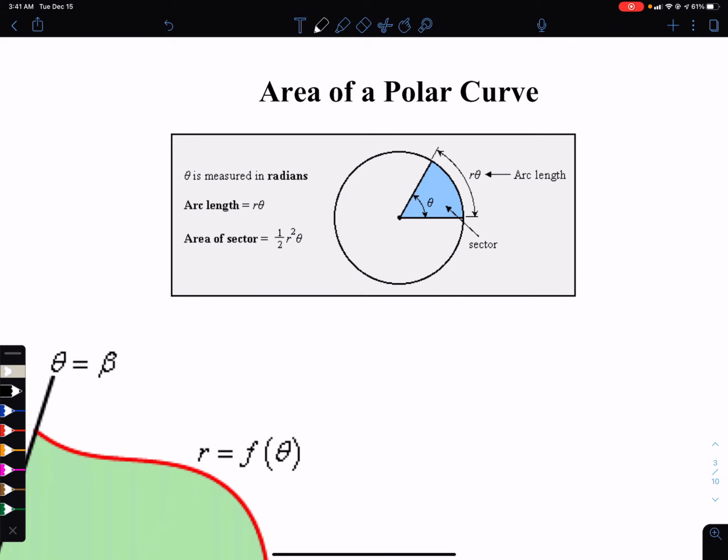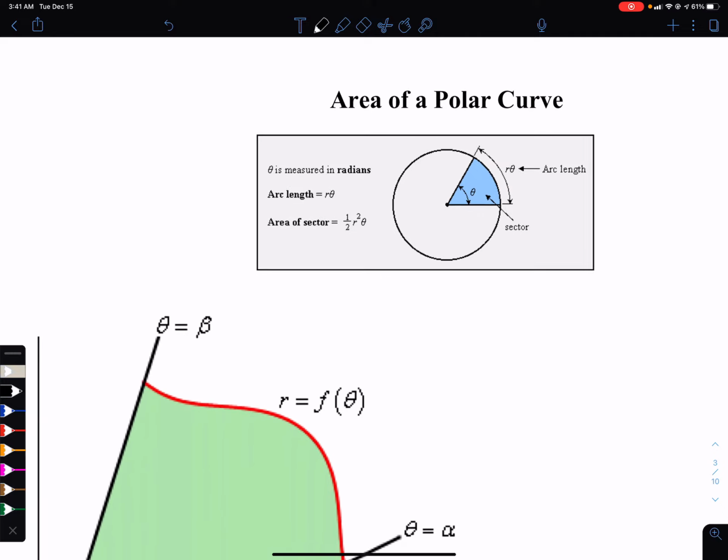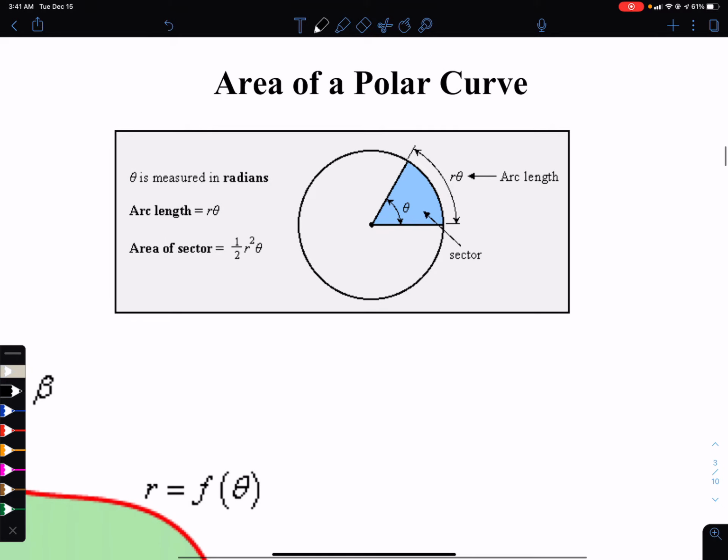So now, how do you find areas in polar graphs? Before we do this, once upon a time, probably in geometry, but more so in pre-calculus, we did the area of a sector. So if you have a circle and it has a radius r, so let me label that, and you have part of that circle, theta.